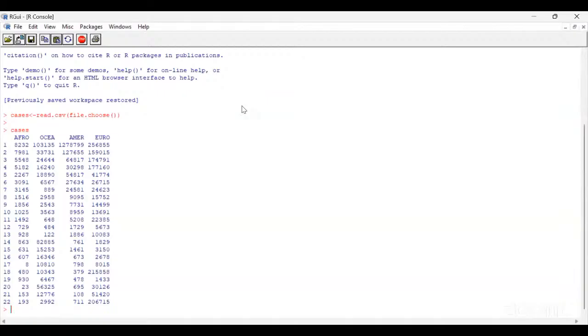Now, I have to explain this data for us to understand it. During COVID-19, different regions were affected, infected differently by COVID-19. The regions are classified according to the WHO, World Health Organization classification.